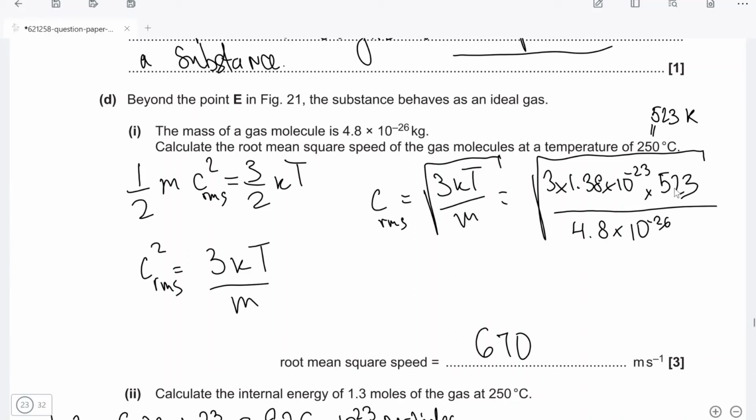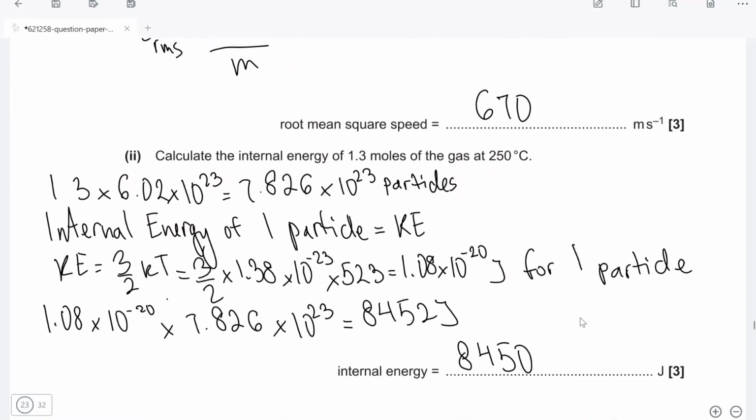That's why I've put in 523 for the temperature, divided by 4.8 times 10 to the power minus 26, which is just the mass. When we put that into a calculator, we find that this is approximately equal to 671 meters per second. In this case, we are using two significant figures, so I've left the answer as 670.